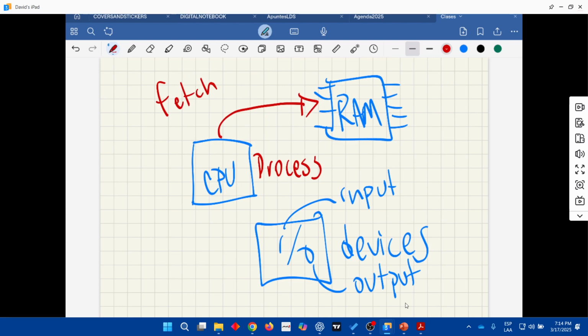Then the CPU sends the information, in this case, to the output device. It could be the screen, a printer, or speakers. And with the input, you are sending some information. Let's suppose that you have a calculator in the computer. Let me open it.